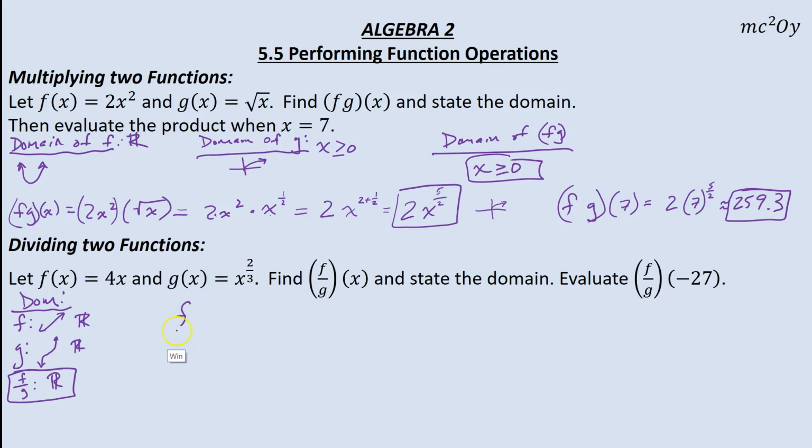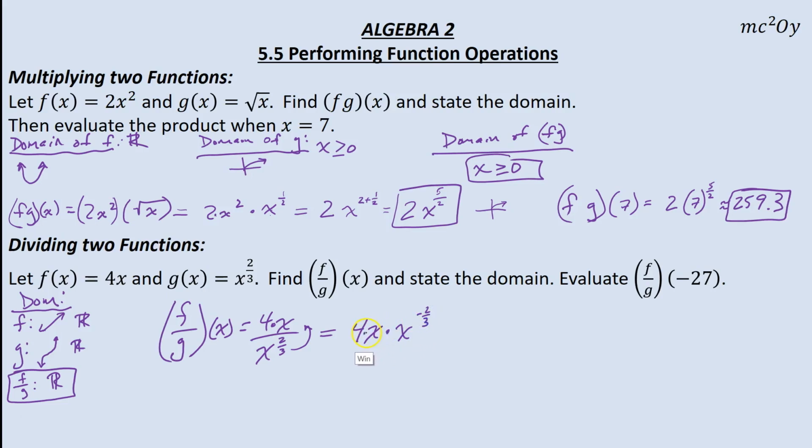f divided by g of x is equal to 4x over x to the 2/3. On the numerator we have 4 times x, and in the denominator we have x to the 2/3. I'm going to get this out of the denominator. Remember, if I want to bring it up, if it's a positive power, I make it a negative power. So we could write that as 4x, what's already up there, times x to the negative 2/3.